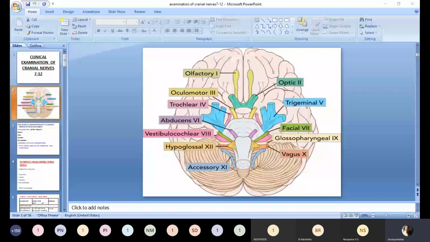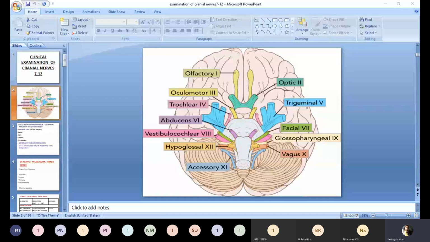With regard to the functions of the facial nerve, its function is mainly based on the different sets of fibers present in it, where exactly they supply and what function they bring about. The facial nerve has 3 sets of fibers and it is a mixed nerve.